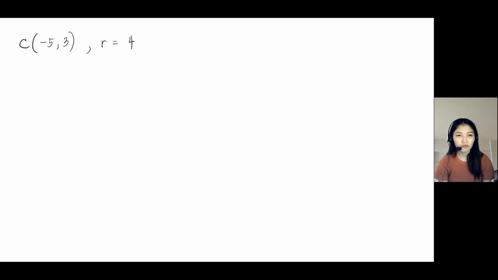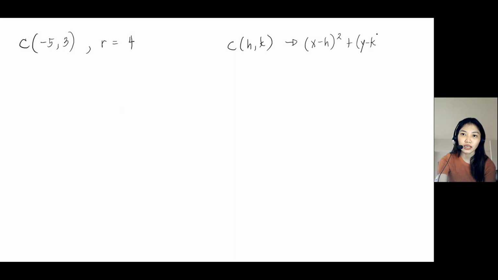What if the center has coordinates of negative 5 and positive 3 and the radius is equal to 4? Again, if the center has coordinates of h and k, the standard form of the equation of the circle will be quantity x minus h squared plus the quantity y minus k squared is equal to r squared.